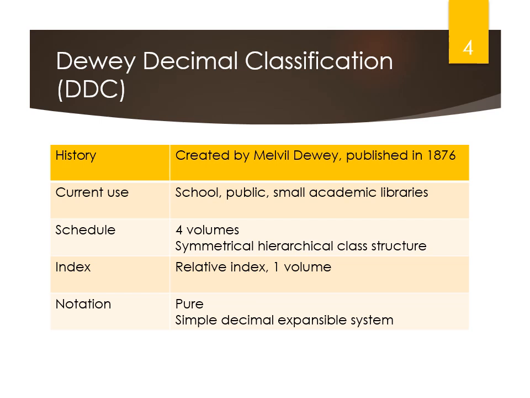It's a pure and simple decimal expansible system. Currently it's used for school, public, or small academic libraries. Let's take a look at the example, maybe on the next slide.